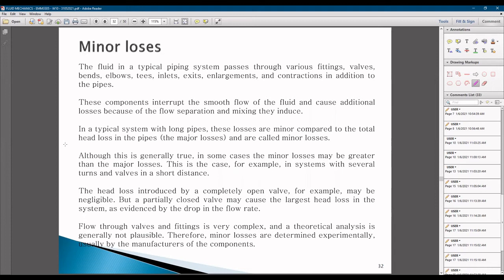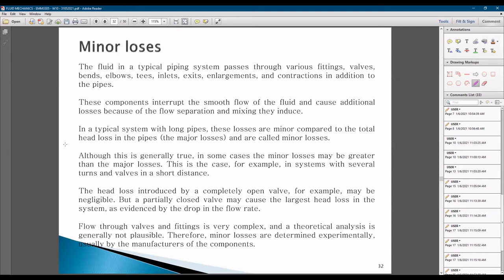Although this is generally true, in some cases the minor losses may be greater than the major losses. This is the case, for example, in systems with several turns and valves within a short distance of a piping system.